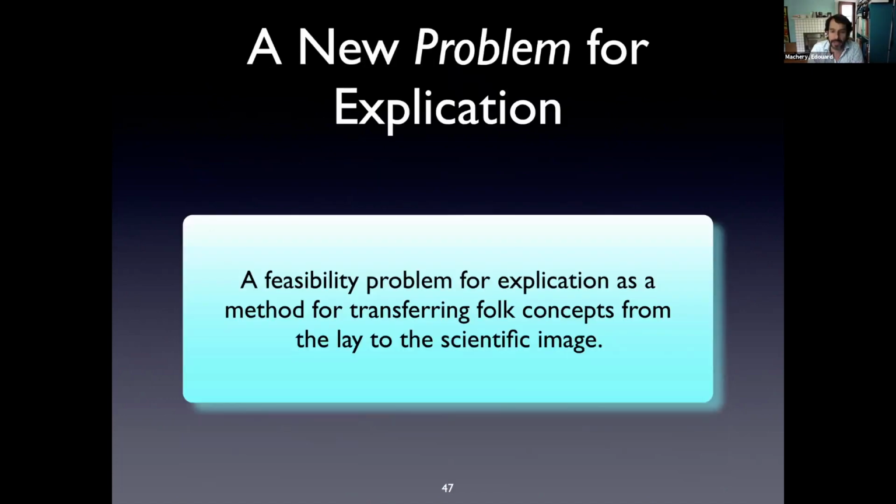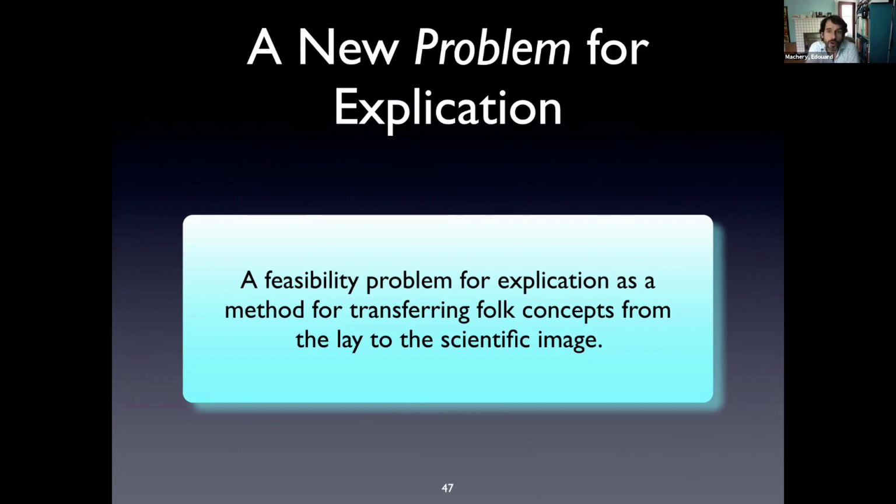Now, what I want to do in the next section and in the next 5 to 6 minutes of this lecture is to move from the specific case of innateness and generalize to a specific class of concepts for which explication is not going to be useful because of properties of those concepts.